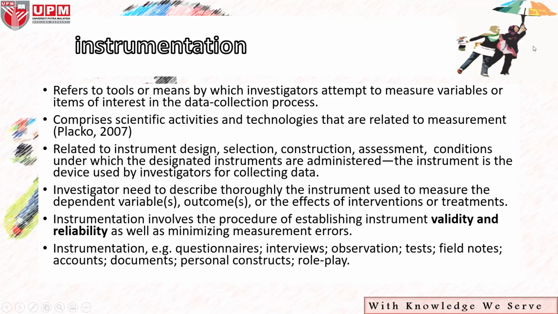Where is the origin of the instrument? The instrumentation involves the procedure of establishing instrument validity and reliability, as well as minimizing measurement errors. So when we develop the questionnaire, the instrument in quantitative study, we need to take care of two important elements: validity and reliability. What is validity?